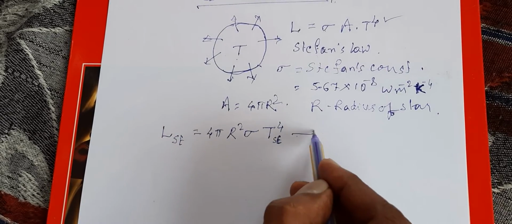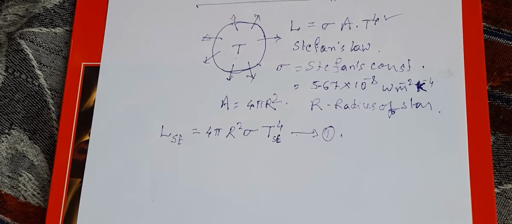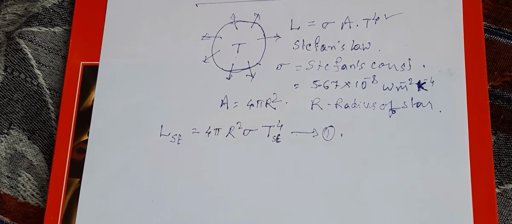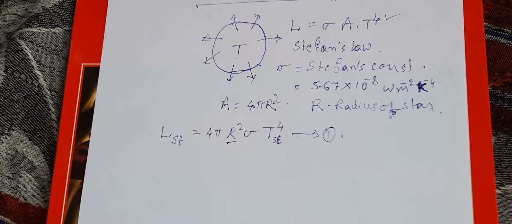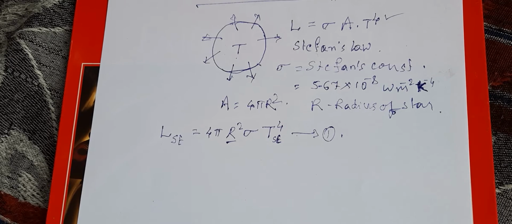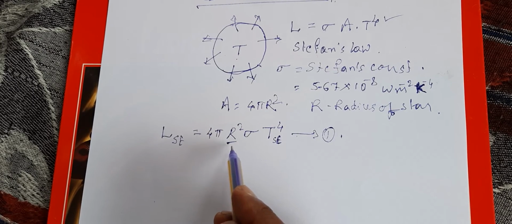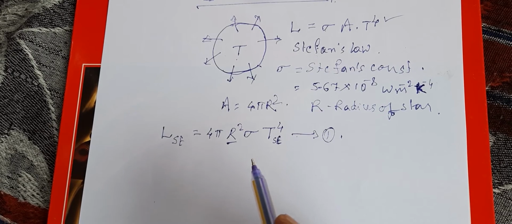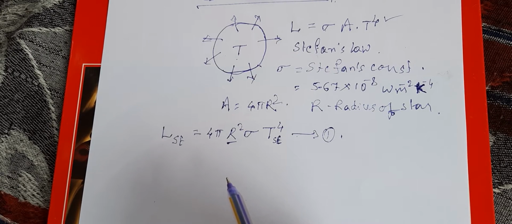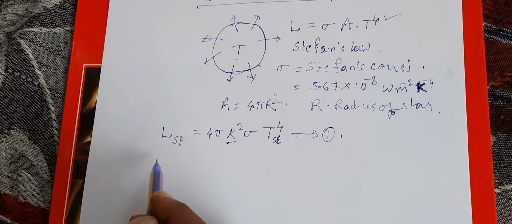So let us call this equation 1. Now, by substituting the radius of the sun and the temperature of the sun as, say, 6000 Kelvin, we know the sigma value, and the radius of the sun you can consider as 7000 kilometer, you can calculate the luminosity of the sun.